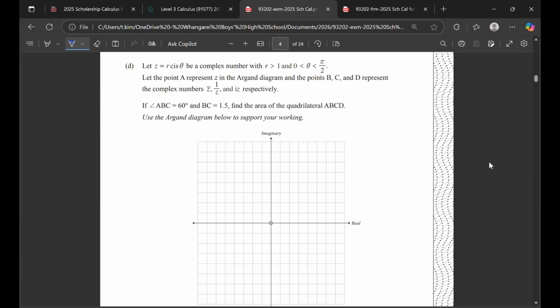If angle ABC equals 60 degrees, you better say pi over 3 instead, so we don't mix them up. If angle ABC is pi over 3 and BC is 1.5, find the area of the quadrilateral ABCD. Use the Argand diagram below to support your working.